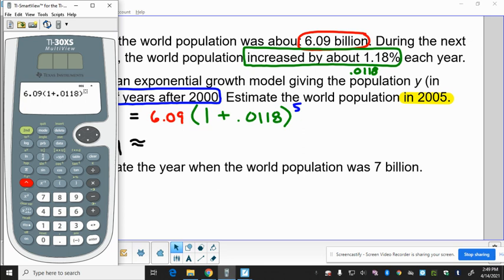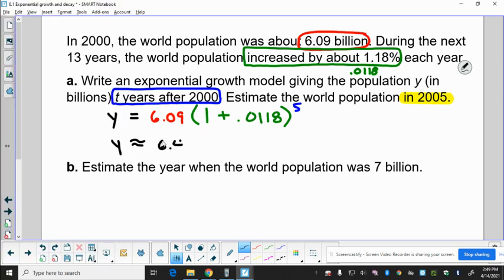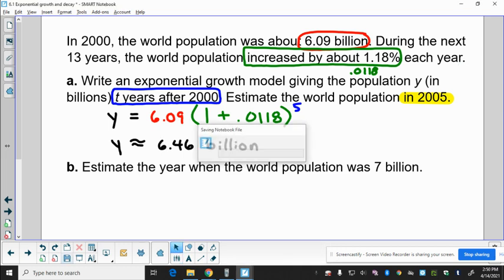Use your exponent. And I've got about, it doesn't say where to round this, but since we have hundredths in the original problem, I'll use the hundredths. I'm going to say 6.46 billion people. Okay, so there's the first part of this question.